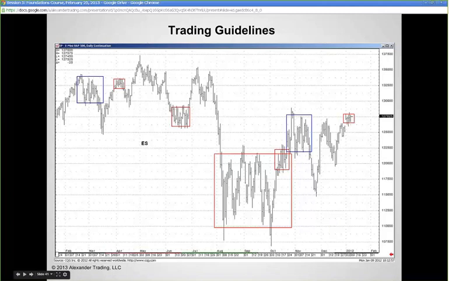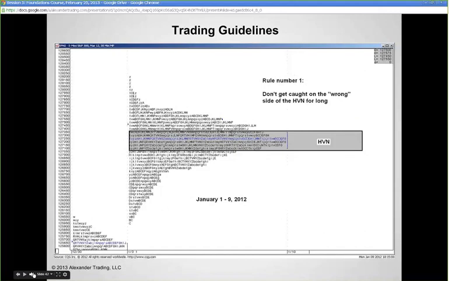So the high volume node can give us objective levels of potential support and resistance. You'll hear me talk about this a lot. And it's uncanny. Go back and look at the previous DVSAs over a period of time, and you will see how often markets that are trending will break away from the high volume node to the low tick.